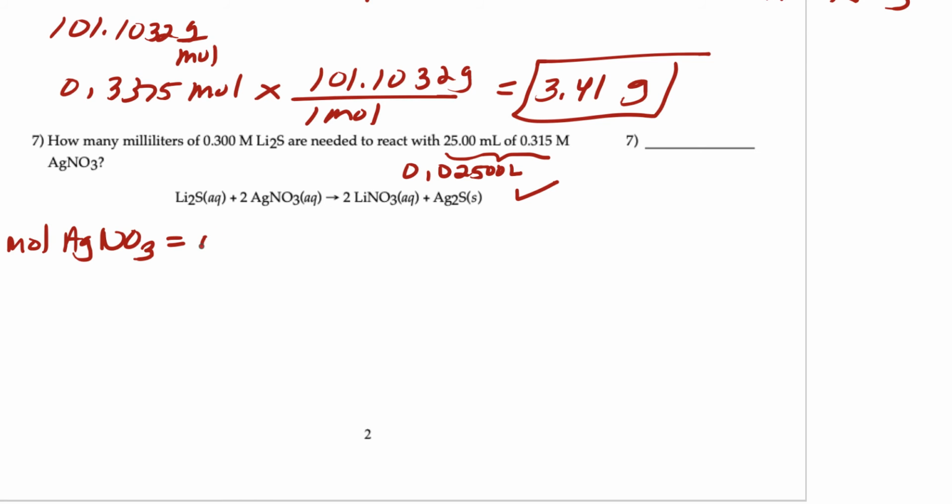So we have 0.025 liters times 0.315 molar, or we'll just make that moles per liter. We see the liters cancel.